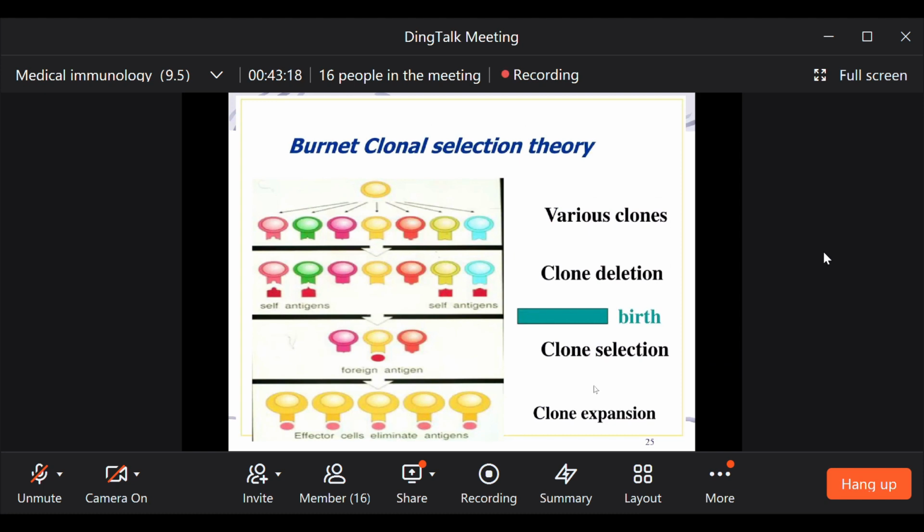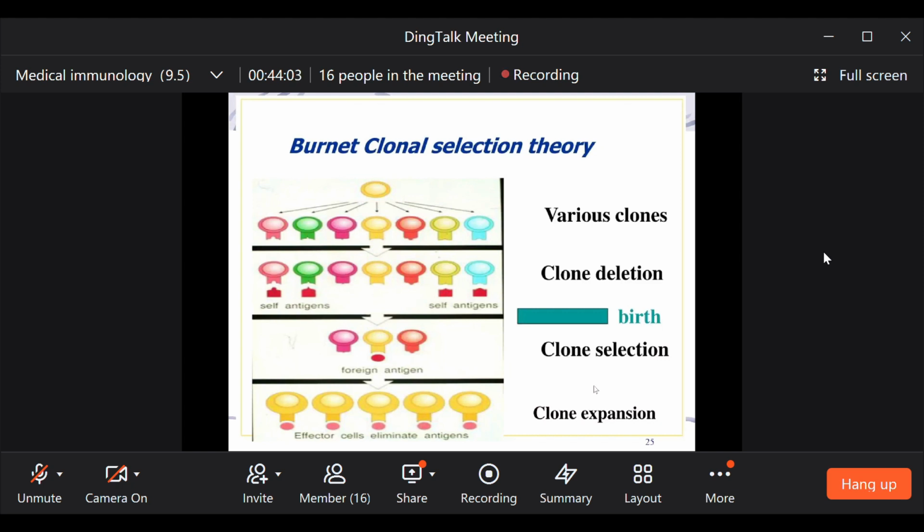How do you understand the clonal selection theory? Burnet proposed that humans are born with the necessary genetic material for all the antibodies the immune system could ever make.